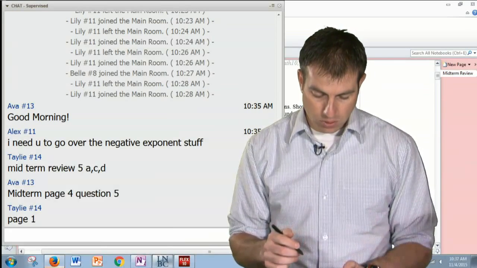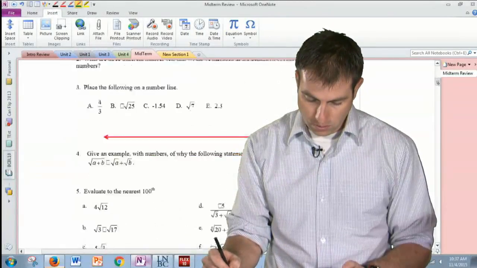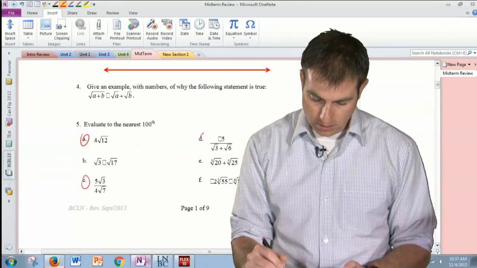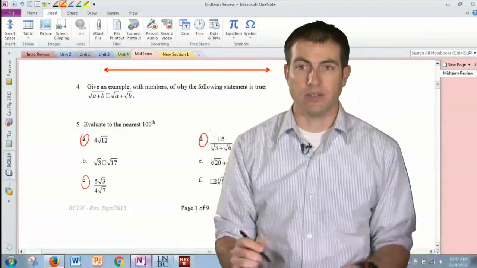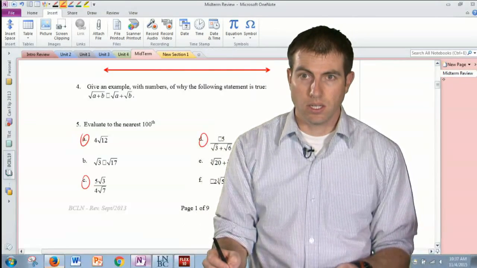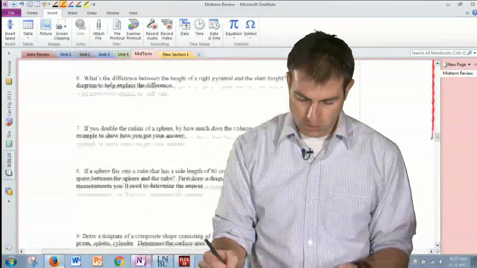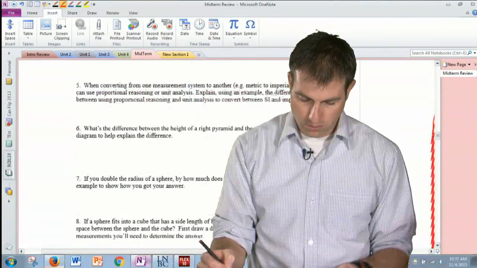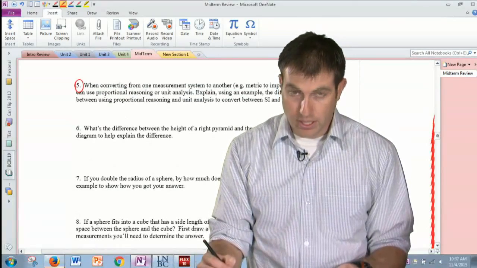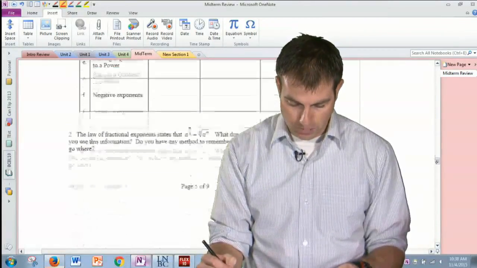So let's go page 1, 5 ACD to start. This is A, C, and D. This is kind of calculator stuff. And then the next one was page 4, question 5, when converting from one measurement system to another. And then Alex had just in general negative exponent stuff.